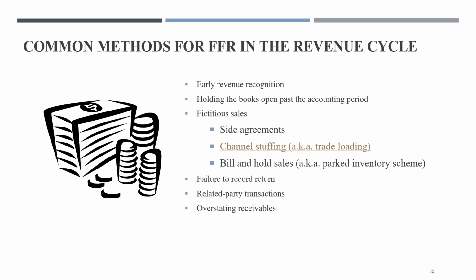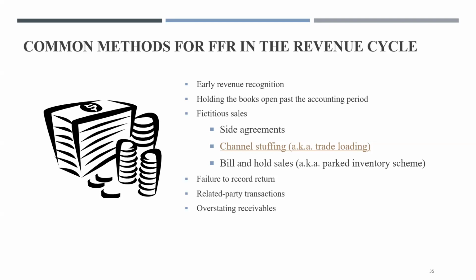So we hold the book open past the accounting period. Then actually we have overstated the sales for that year. Is that right? So that's one typical situation for overstating the sales.